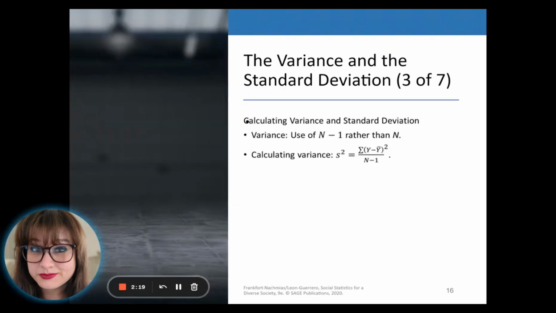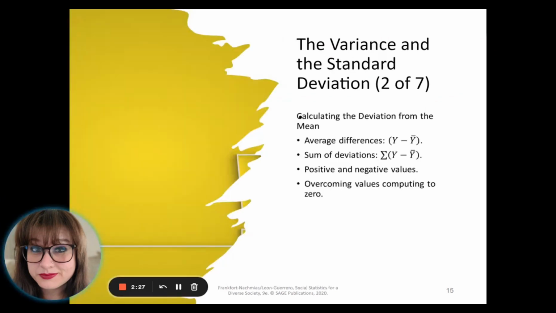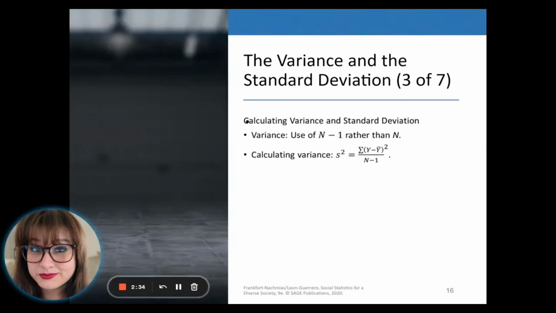Okay, so looking at it, this is where we're actually starting to calculate things. So understanding how the calculations of the deviations from the mean work is important. But now moving forward, when we calculate variance and standard deviation, this is how it works. When we're calculating variance, we use n minus 1 instead of just n. Remember, n is the number of cases or responses, right? So when we're calculating the variance, this is the formula that we're working with.